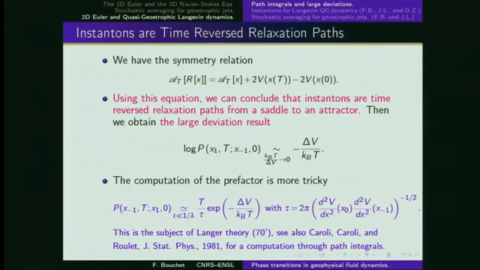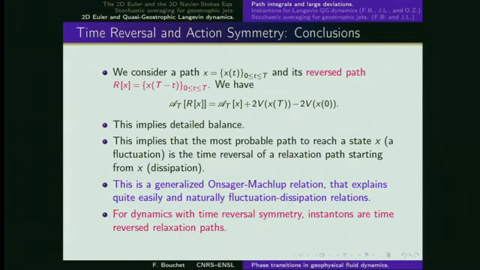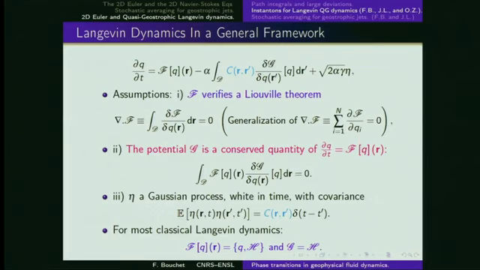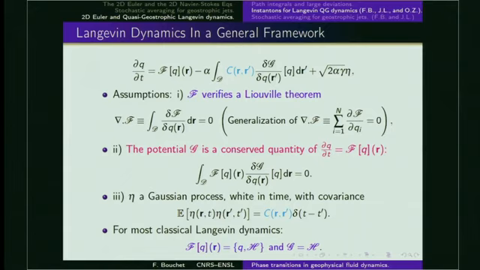In statistical mechanics, there is what are called Langevin dynamics. Langevin dynamics are stochastic dynamics for which you have detailed balance. The point is that here we can write Langevin dynamics for the quasi-geostrophic dynamics or the 2D Euler equation.